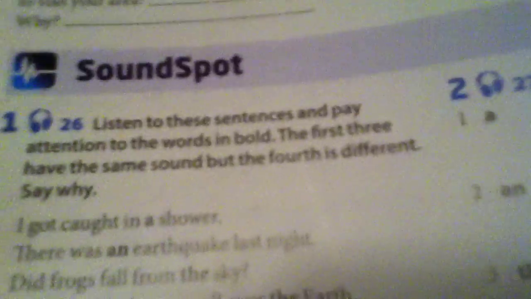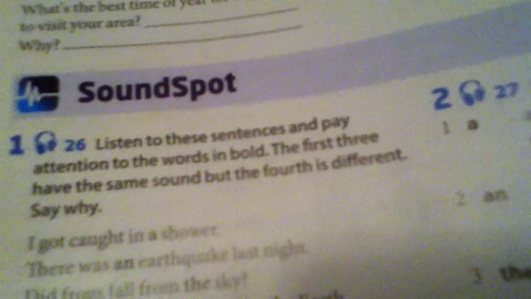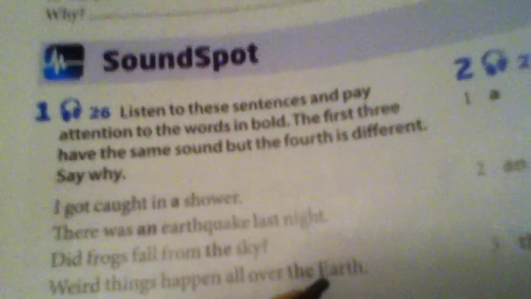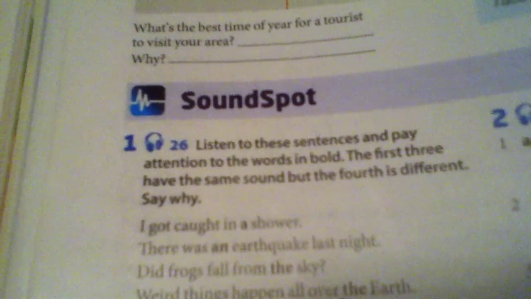The sky. The earth. The reason the sounds different and we say the here is because E is a vowel. So the rule is when there is a definite article and the noun it's describing begins with a vowel, A, E, I, or U, we don't say the, we say the.